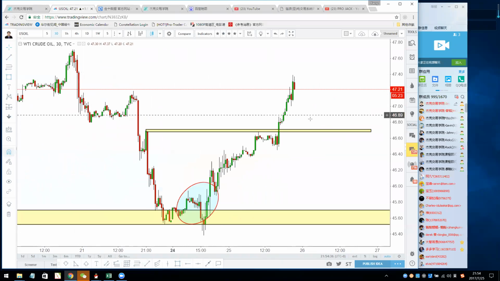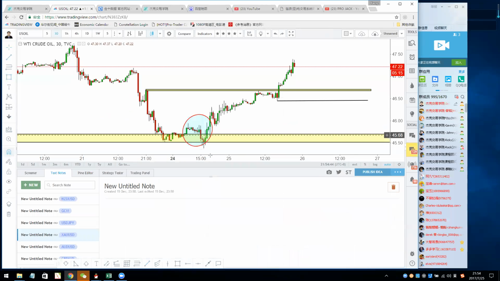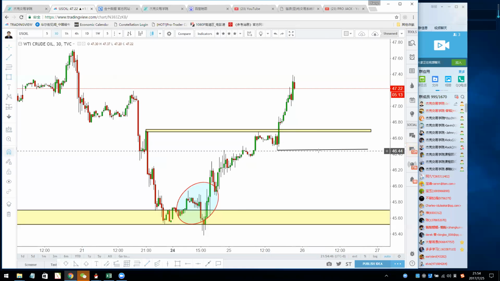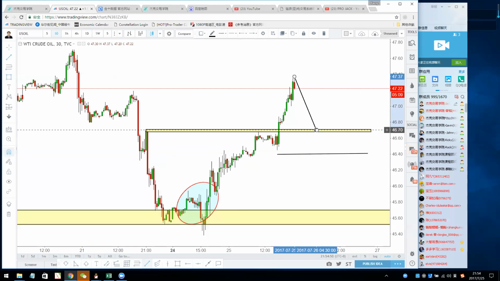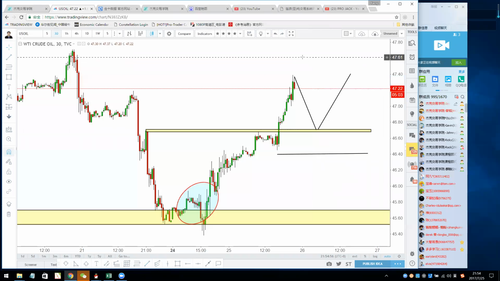If the oil can come down to this area, I want to become a buyer, and my stop loss will be just below 46.45. This will become my entry, and I'm going to aim for a new high at 47.40. That is a potential trade.